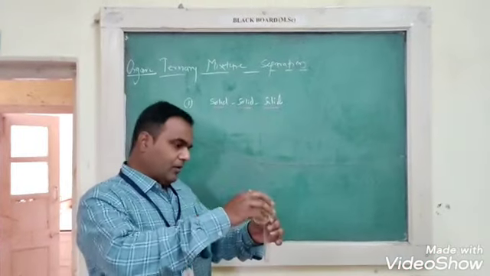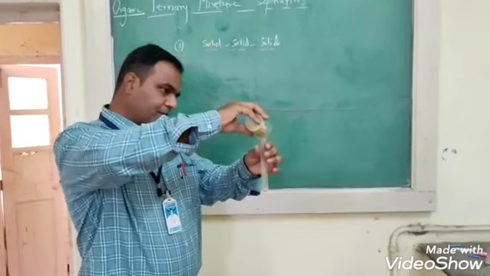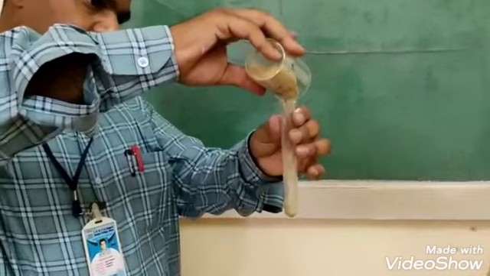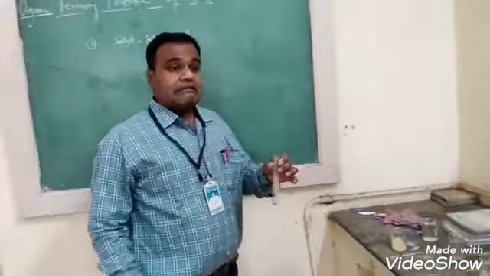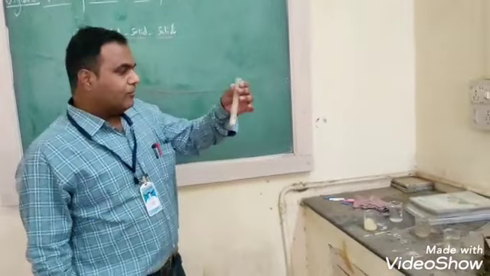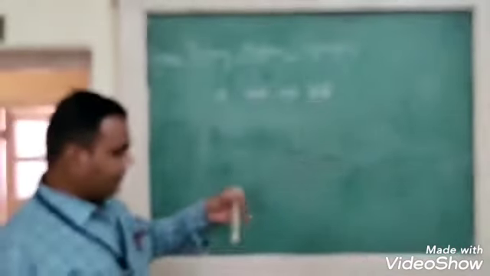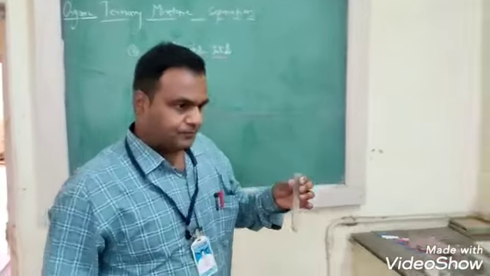For the type determination, take a small quantity of this mixture in a test tube, and first of all add ether, because for the type determination of these three solid components, we have to use a solvent, that is ether.